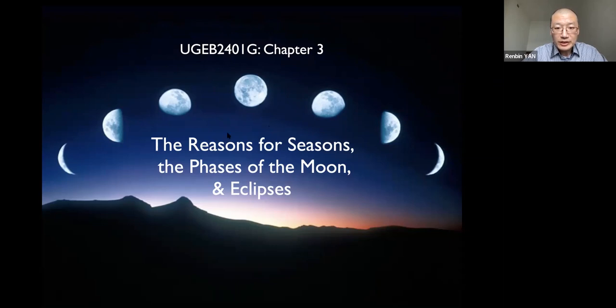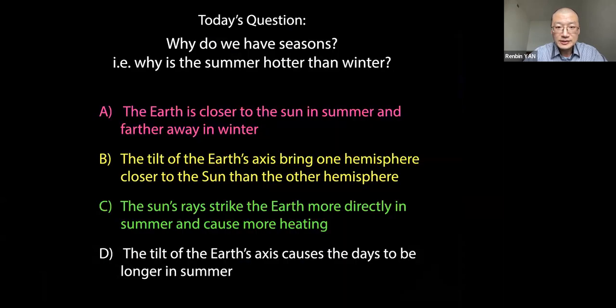Okay, so in chapter 3, we are going to talk about the reasons for seasons, the reasons for the phases of the moon, and also what causes eclipses and what we need to learn about eclipses.